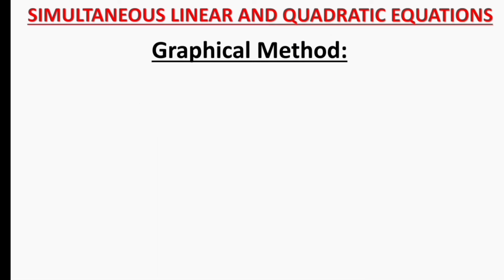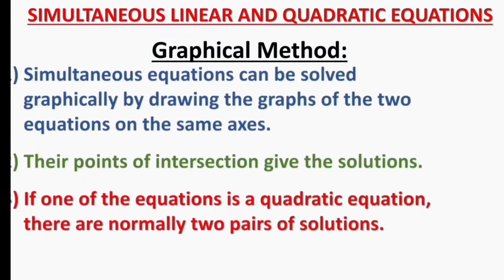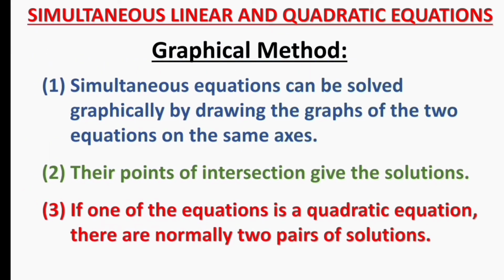Moving on, let's learn about the graphical method of solving simultaneous linear and quadratic equations. Please take note of these 3 points. Number 1. Simultaneous equations can be solved graphically by drawing the graphs of the two equations on the same axis. Number 2.